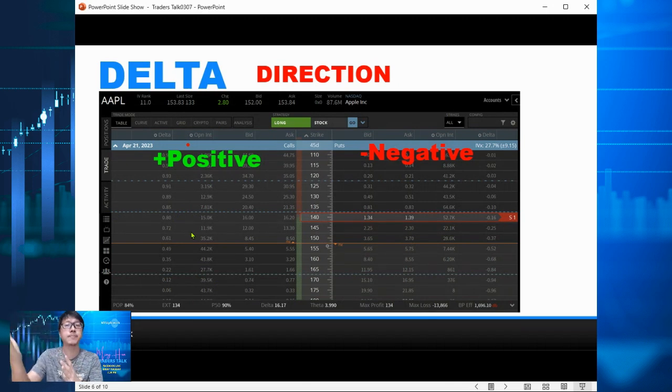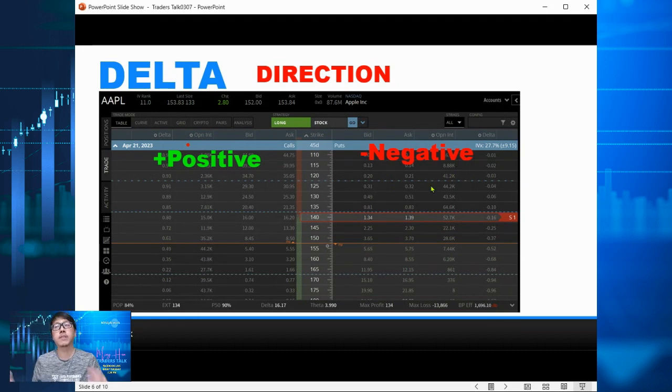That is positive delta if you are in buying mode of a call. Then of course, if you move to the other side, negative delta, a put will have negative delta if you are buying it.